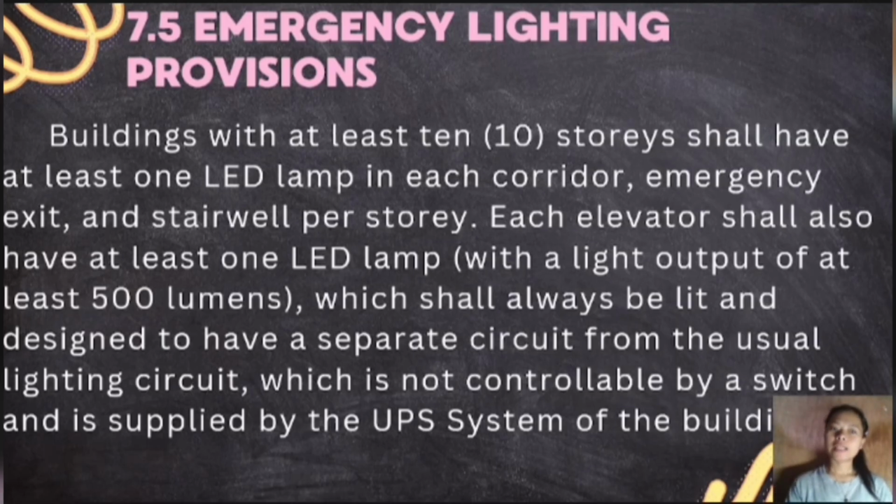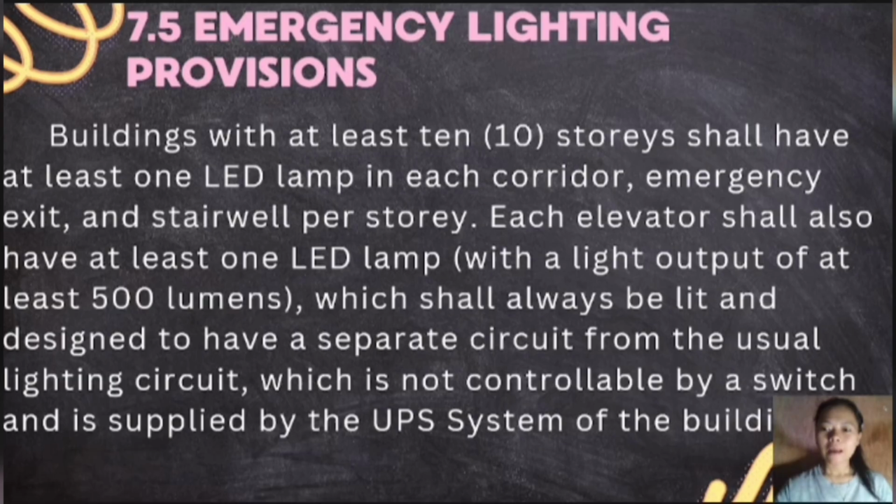Emergency lighting is a requirement. Tall buildings with 10 stories or more must have at least one lamp able to work during a power failure and emergency. Elevators must have at least one emergency lamp with a minimum output of 500 lumens.